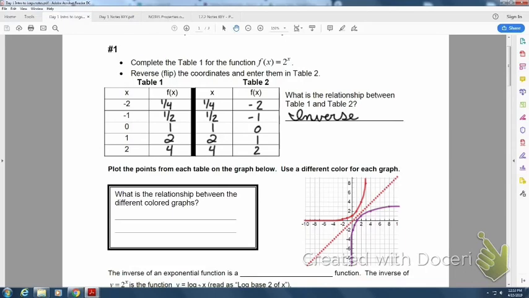No, it's not asymptote. It's a reflection line. What line is that? The reflection line. What is that? The y equals x line. So what is the relationship between the different colored graphs? I want you to put inverses because it reflects across y equals x.